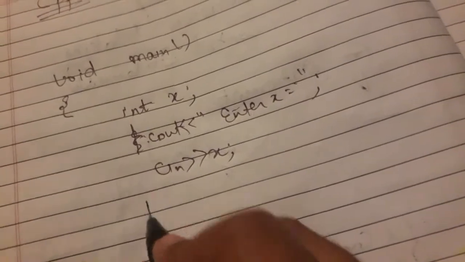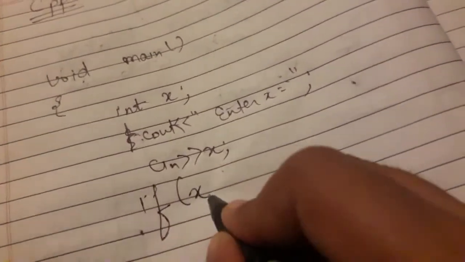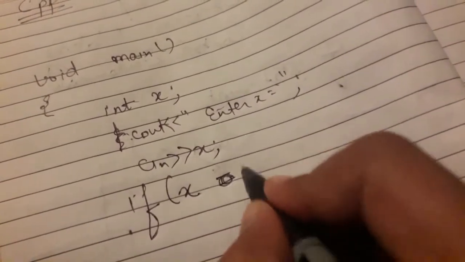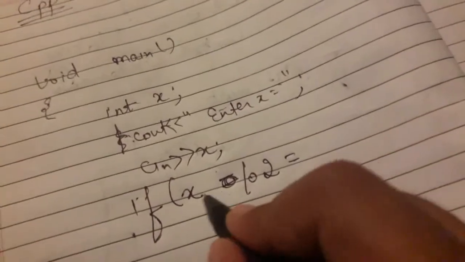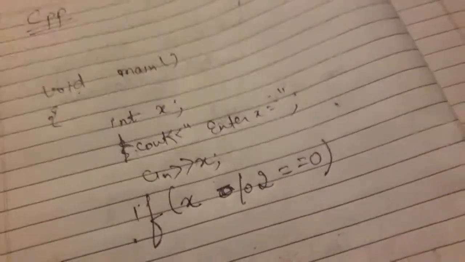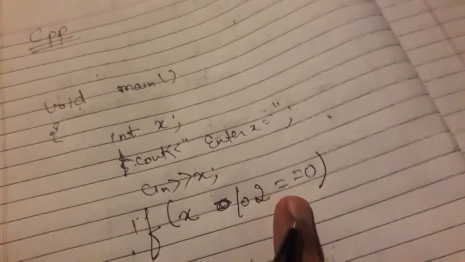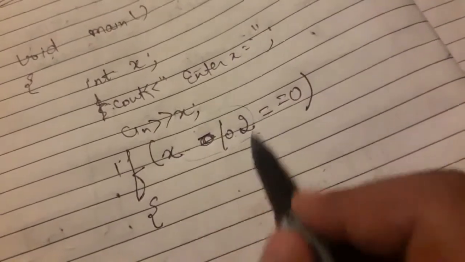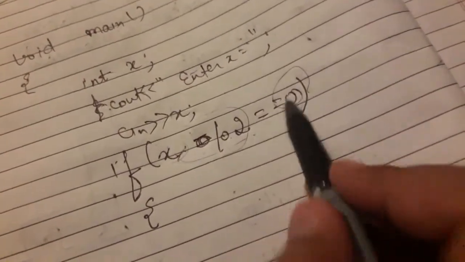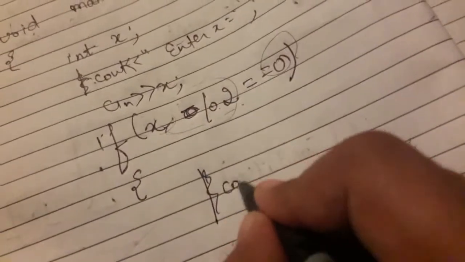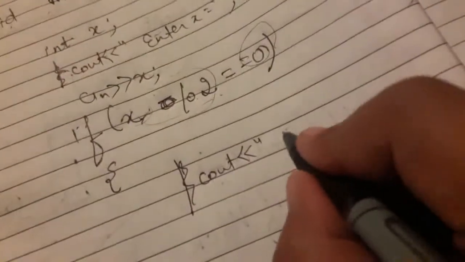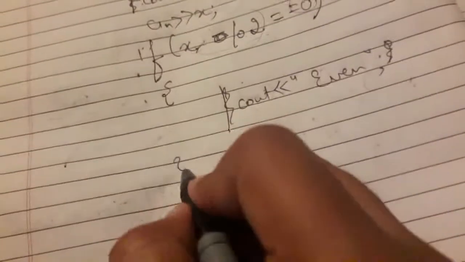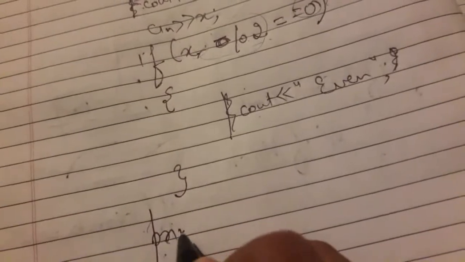So if your x modulus 2 is equal to 0, this is the condition for how we check an even number, right? If the remainder of x modulus 2 is equal to 0, then cout "even", otherwise there is no other.